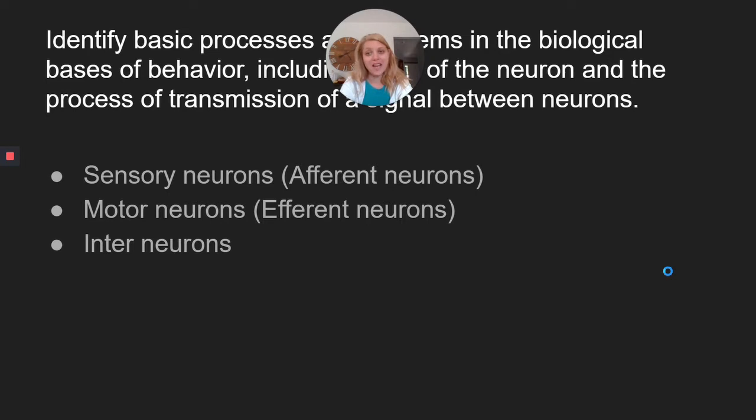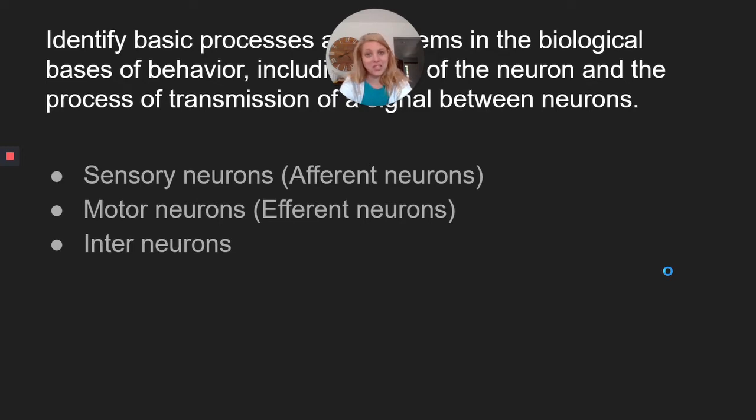Neurons actually come in 3 different types, based somewhat on the location of where I would find them, but also on their function, and that is how we categorize our neurons. We have sensory neurons, motor neurons, and interneurons. Sensory neurons are also sometimes referred to as afferent neurons, and motor neurons can sometimes be referred to as efferent neurons.